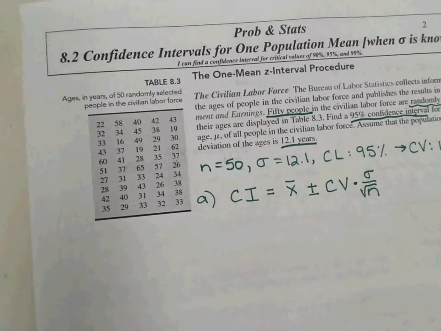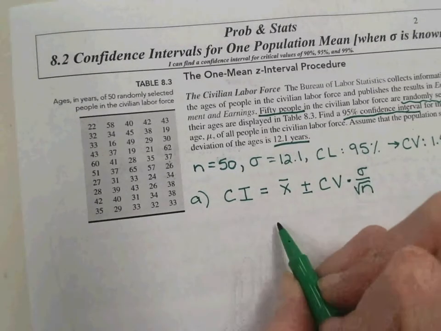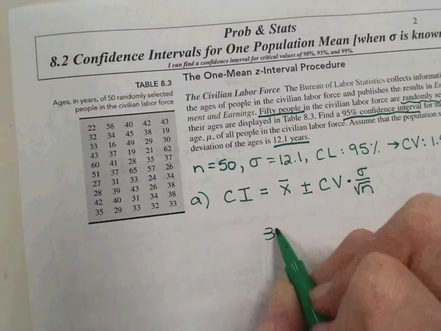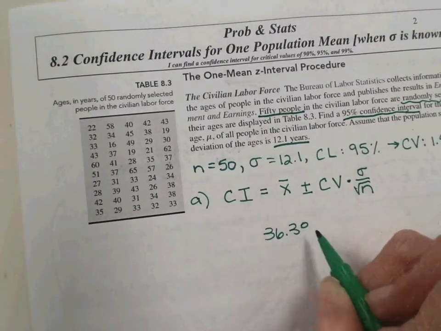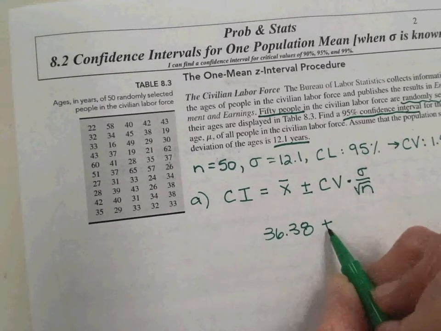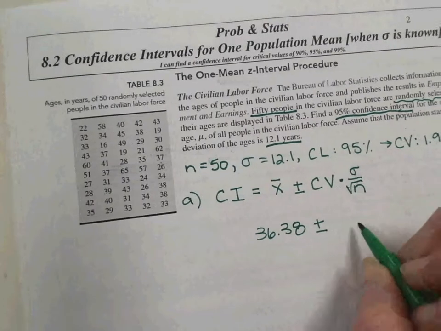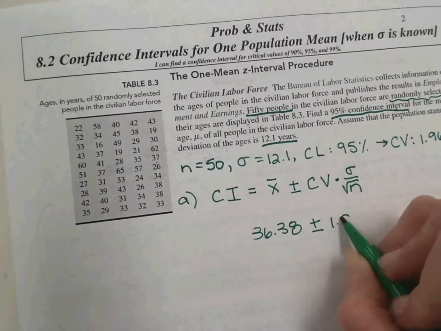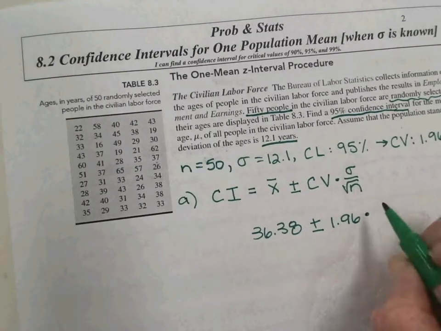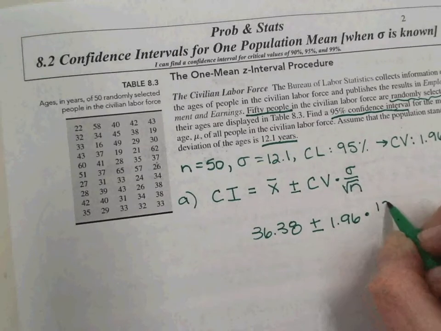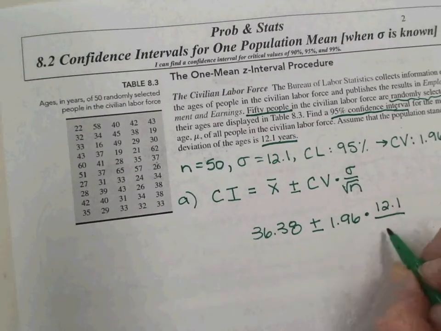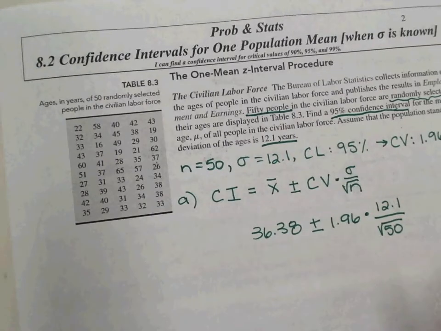X bar, oh, we don't know it, do we? Okay, go ahead and calculate the mean. Shelby said it's 36.38. That was really fast. Thanks, Shelby. And the critical value is 1.96 times 12.1 over square root of 50.